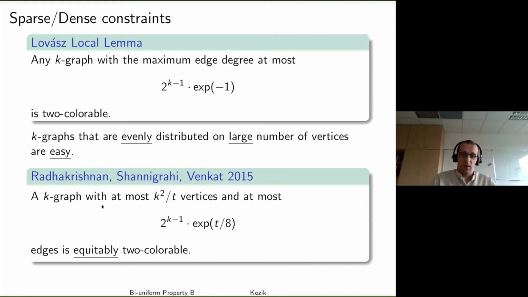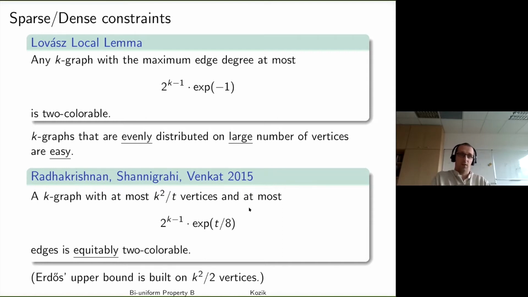That means that if you want to determine the pessimistic number of vertices in our hard instance of a non-two-colorable or two-colorable hypergraph, which is hard to color, for example algorithmically, you should not go with the number of vertices below k squared. And in fact, the number of vertices used in the Erdős construction I mentioned was optimized exactly on the value of k² over 2 vertices.